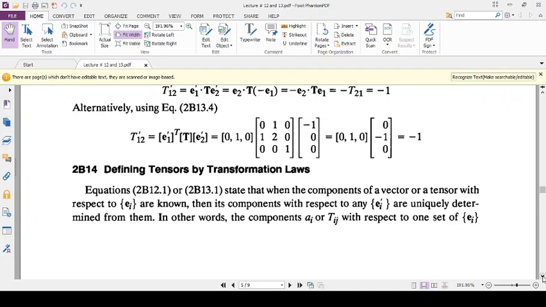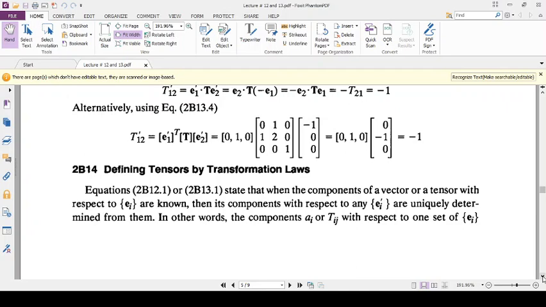Keep in mind that we have defined only a second order tensor with the help of linear transformation: if you have a transformation, and it is linear, then we say that the transformation is a tensor, a second order tensor. Now with the help of this definition of tensor, you can define any order tensor.